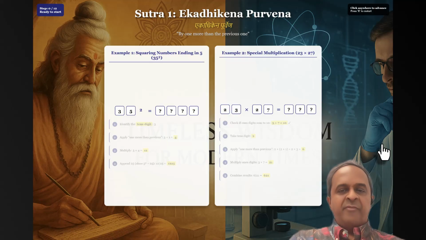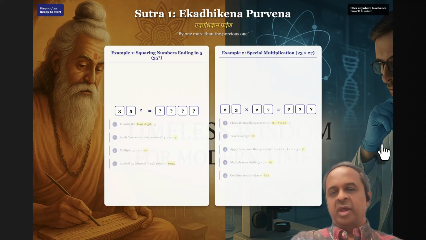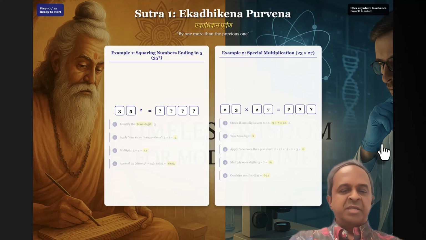So today we will explore Sutra 1. This fundamental sutra provides elegant shortcuts for specific types of calculations. Before we dive into the examples, let's understand the deeper meaning behind the sutra.